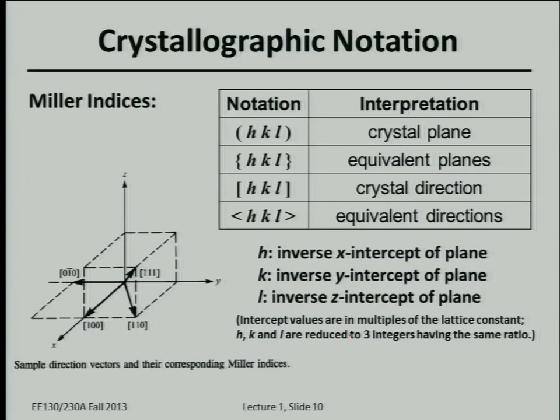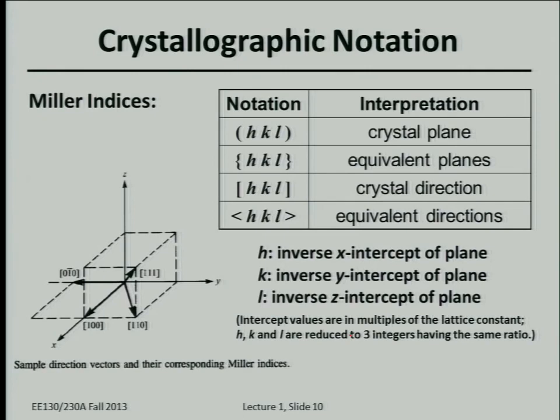Okay, so finally, let's get to crystallographic notation. So how do we specify which direction electrons are flowing, or which direction we're fabricating devices in the integrated circuit? Okay, so why do we care? Actually, the question is, why do we care about directions in a crystalline semiconductor? Densities, that's true. The atomic density in different directions is different. That's absolutely true.